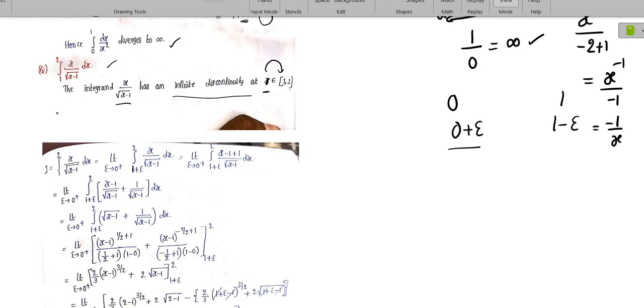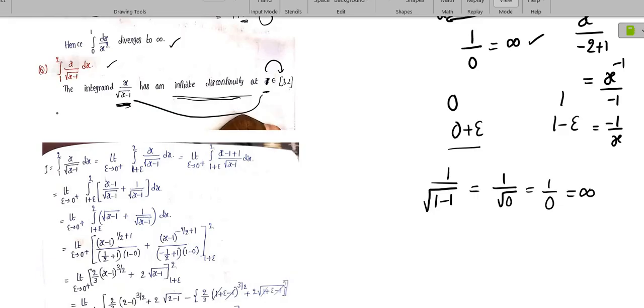Why am I saying the integrand has an infinite discontinuity? If I substitute 1 here, I get 1 by root of 1 minus 1. That is 1 by root 0, which is 1 by 0, so the value becomes infinity.